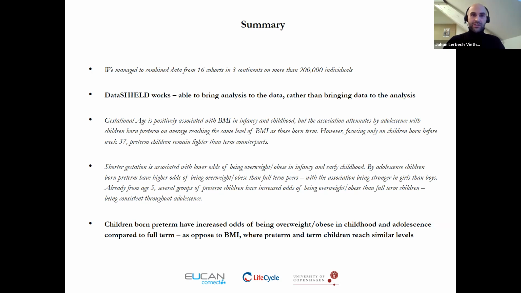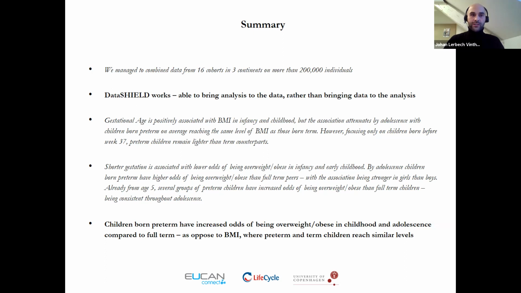Just a short summary for the research study. So gestational age is positively associated with BMI in infancy and childhood, but the association attenuates by adolescence, with children born preterm on average reaching the same level of BMI as those born term. But if we focus not on the people being born early term, but only the people being born before week 39, actually preterm children remain lighter than term counterparts. For overweight and obesity, this is different.